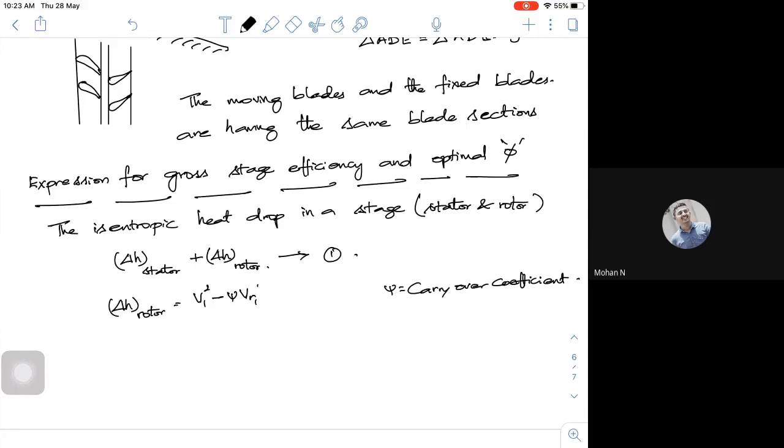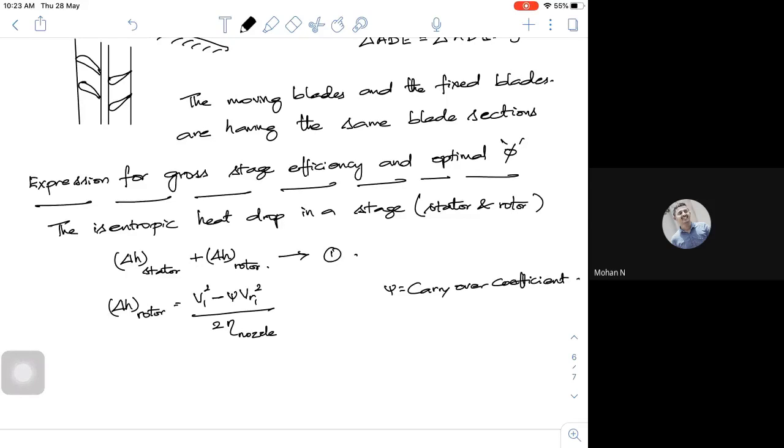See why I have taken VR1 square? This is with respect to relative velocity, because it enters at a particular velocity V1 and goes out with a relative velocity, with 2 times your nozzle efficiency. This already we have discussed. So this will be the expression for your rotor.